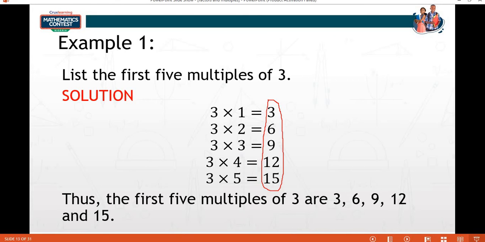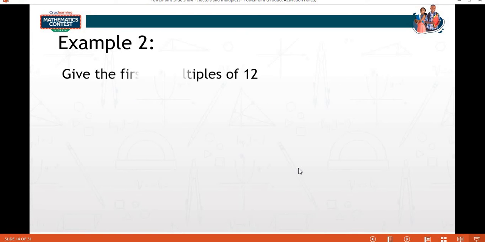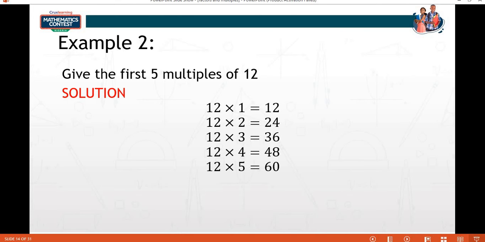You can see it. Okay, so move on. Let's give the first 5 multiples of 12, in the same format, the same way. So you multiply by the first 5 numbers. We have 12 times 1, 12 times 2, 12 times 3, 12 times 4, 12 times 5.